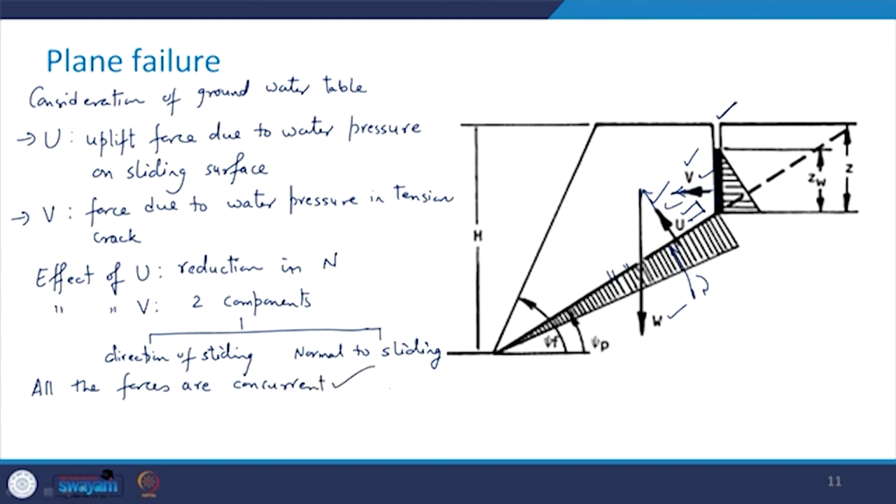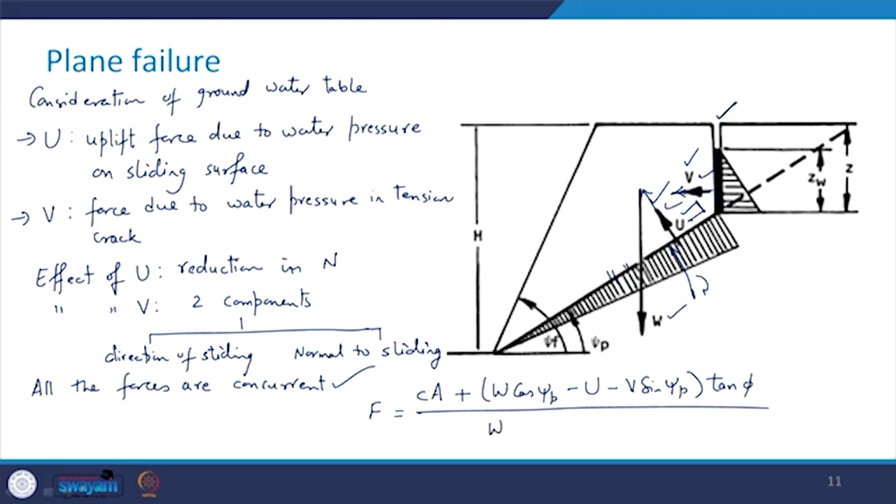So, this expression for factor of safety can be written as C into A, this term will remain as it is, plus you will have here W cos psi p minus U minus V sin psi p, this whole thing multiplied by tan phi, and this divided by W sin psi p plus V cos psi p.